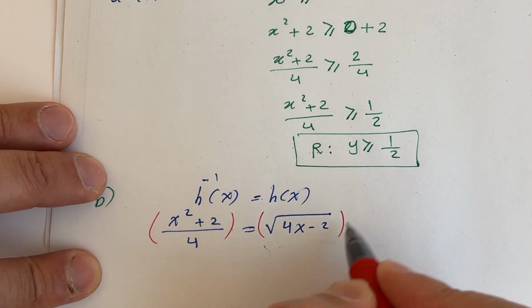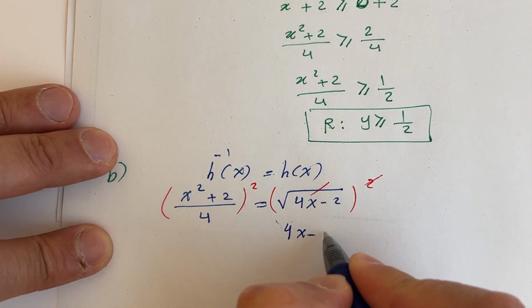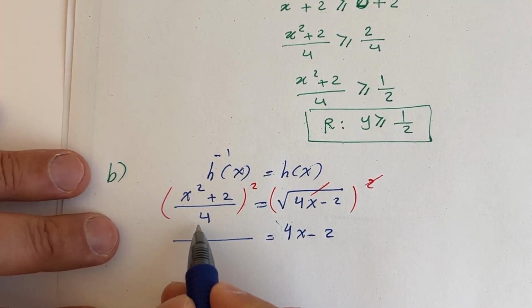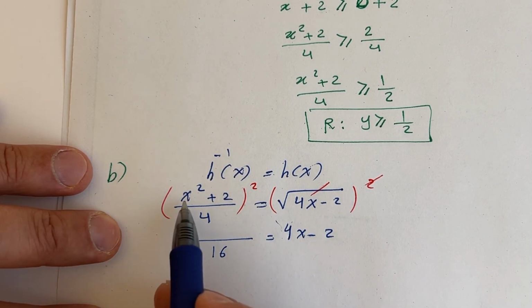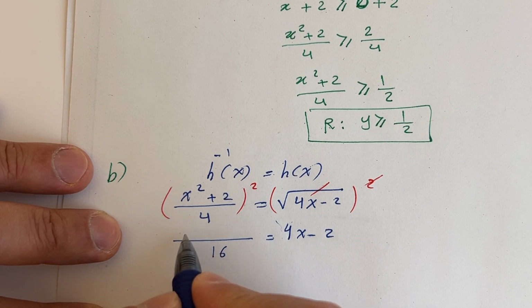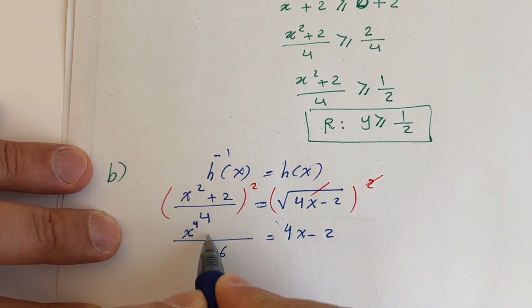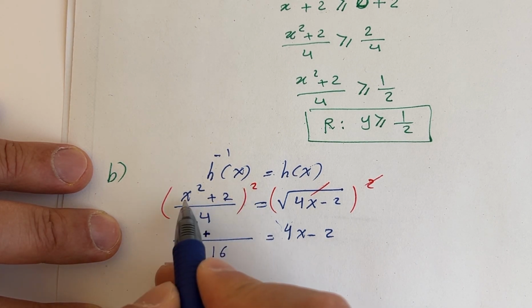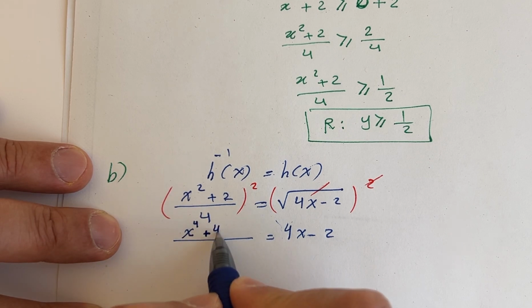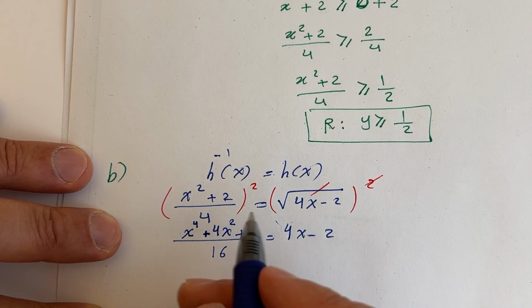I would square both sides to delete the root. So here I have 4x minus 2 equals 4 squared is 16. x squared plus 2, I need to square the whole thing. So it's going to be the square of the first one, which is x power 4, plus 2 times 2 times x squared, so 4x squared, plus the square of the second one is 4.